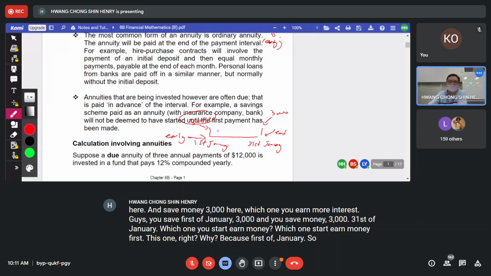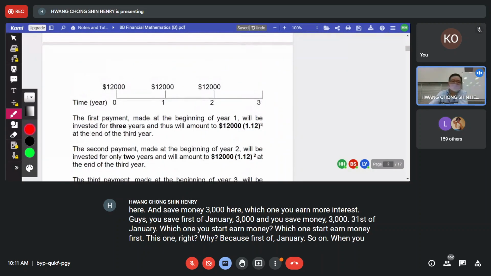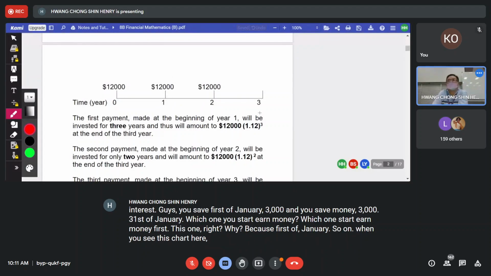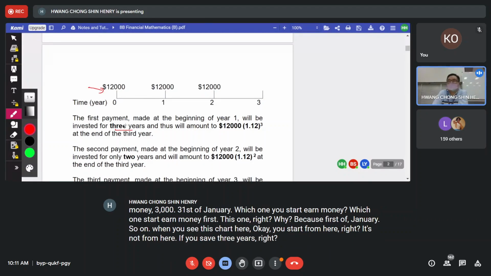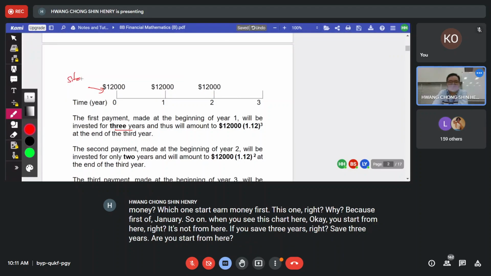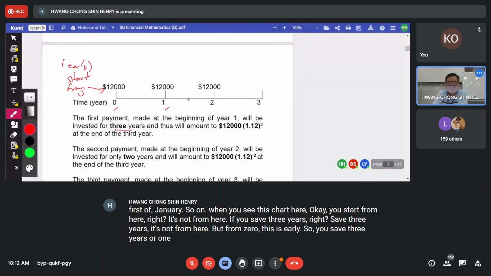So when you see this chart here, okay, you start from here, right? If you save 3 years, you start from here. Start from 0. This is early. So you save 3 years, 1, 2, 3. You stop here.